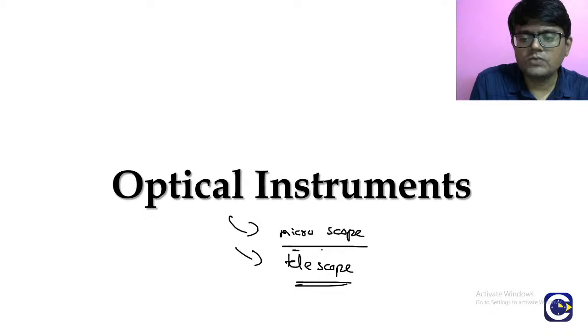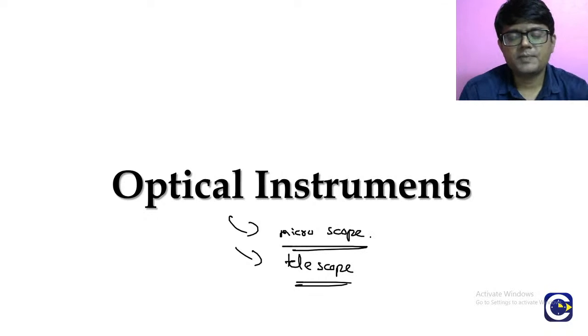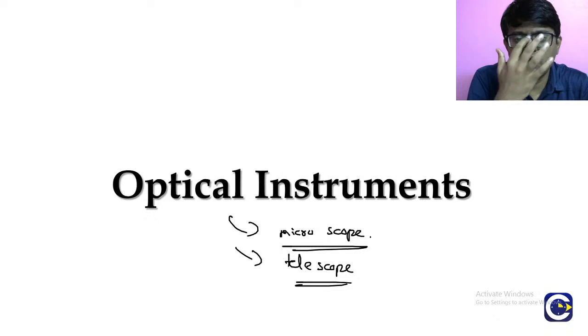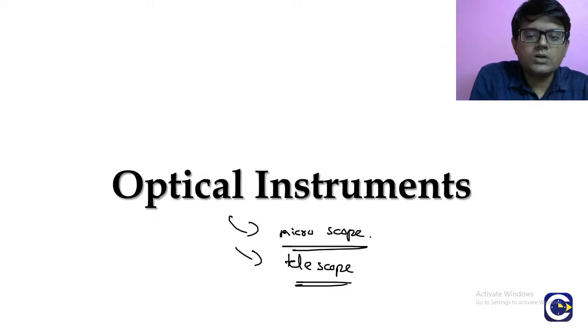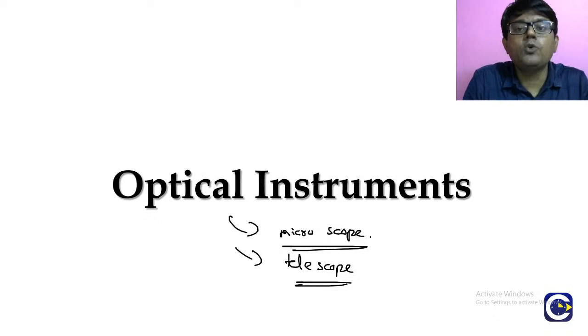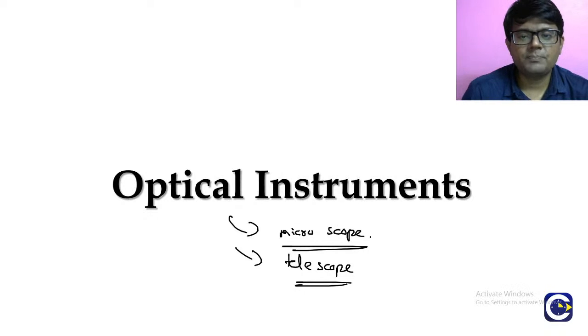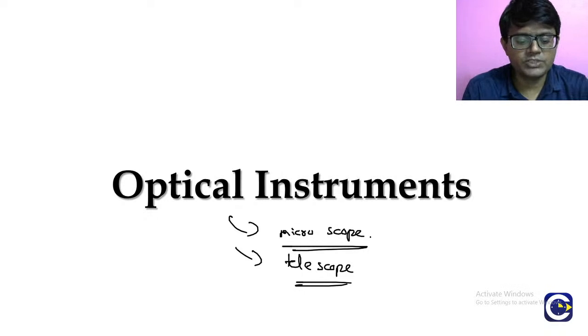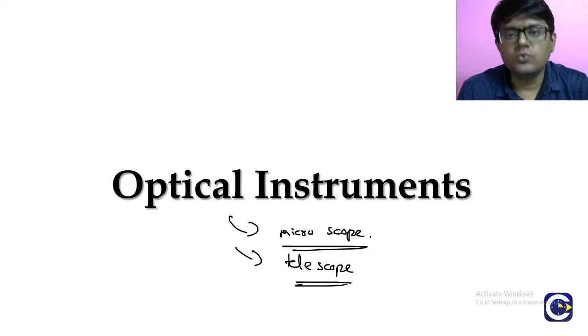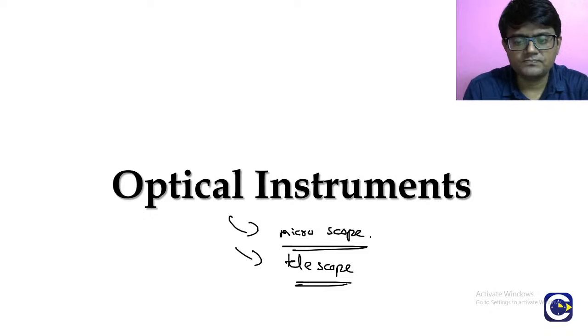We have a fundamental difference between these two. The general purpose of a microscope is that you have a tiny object. Micro refers to a tiny object, and you want to see an enlarged view of it. What is the main purpose of the microscope? You should be able to see a magnified view of the object, like microorganisms and bacteria.